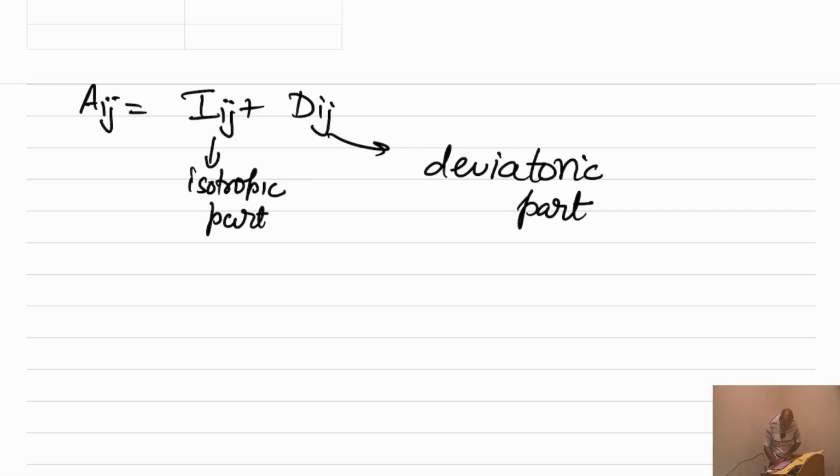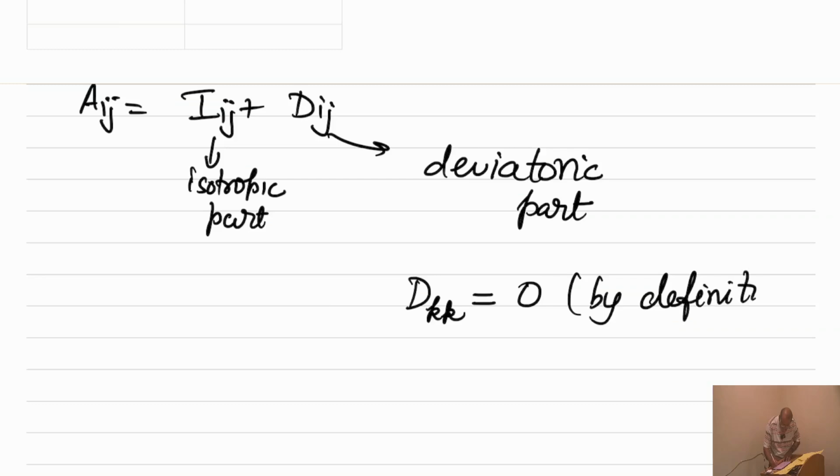And by definition of the deviatoric part, Dkk will always be 0.